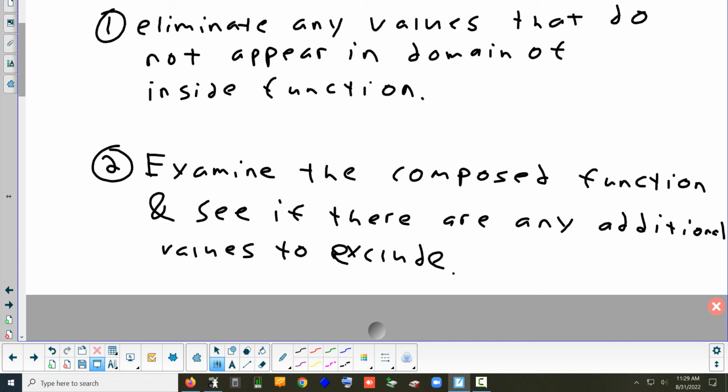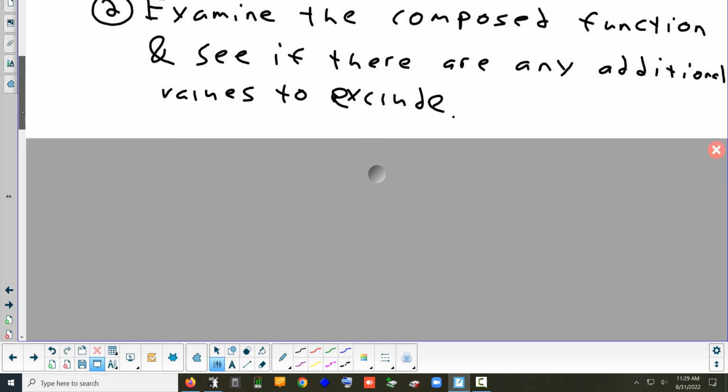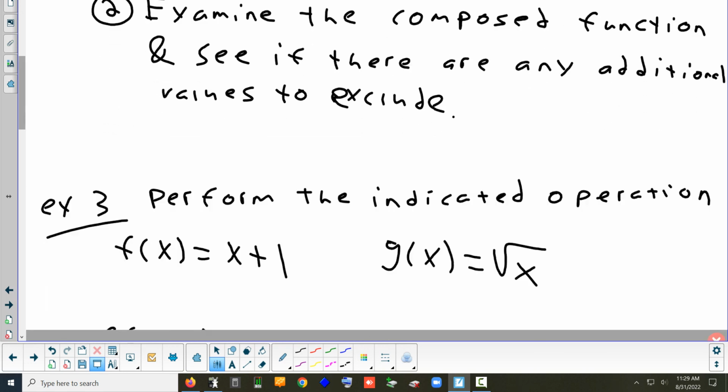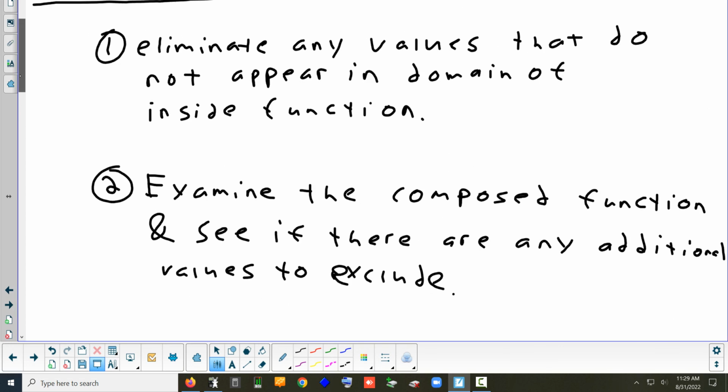If there's a value that would cause you to divide by 0, you need to exclude it from the domain. We don't want that to happen. So that's just eliminate the square roots of negative or divided by 0, from the inside function first, then from the composed function. That's especially important in the one where you have a square root of a square and the square cancels out. You have to make sure you follow those 2 steps.